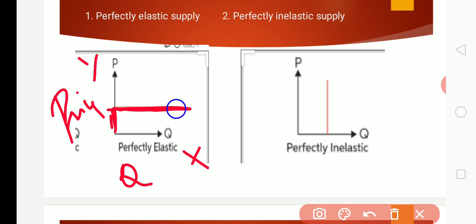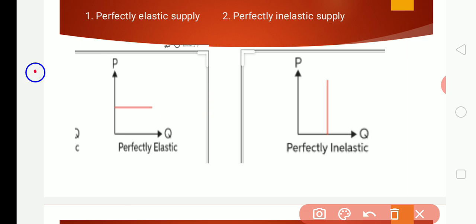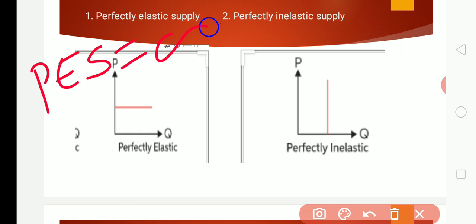This is the supply line, which shows a small change in price leads to infinite changes in supply. So the supply curve takes the shape of a horizontal line, and the price elasticity of supply is called infinite, right?